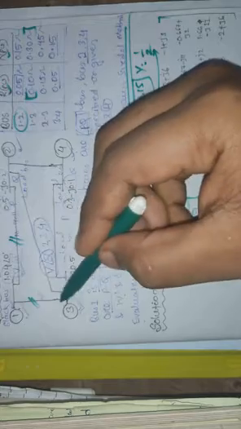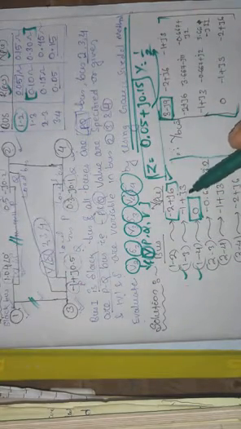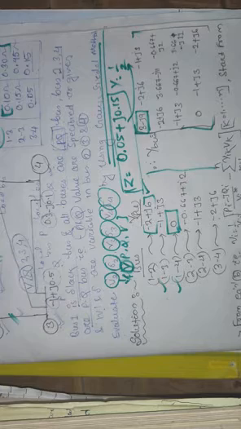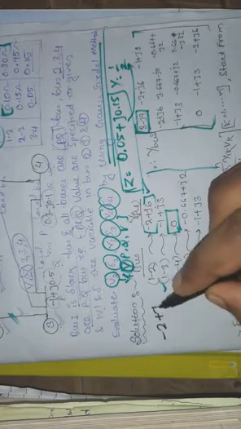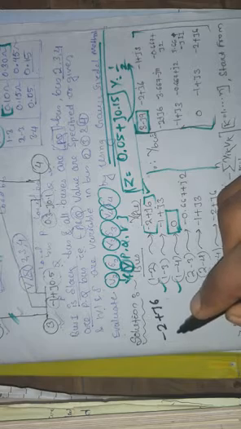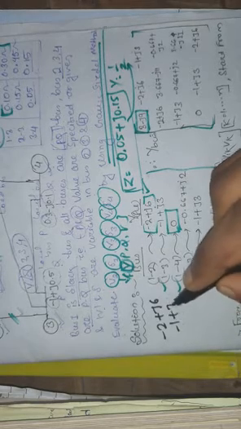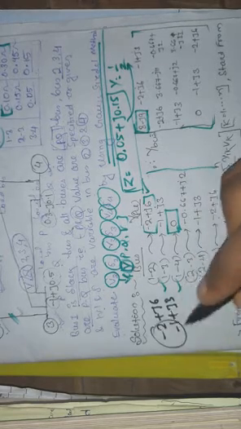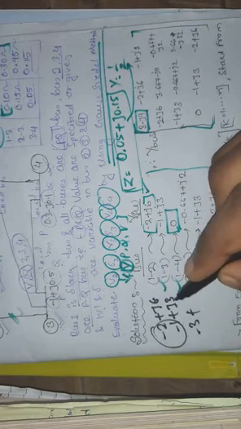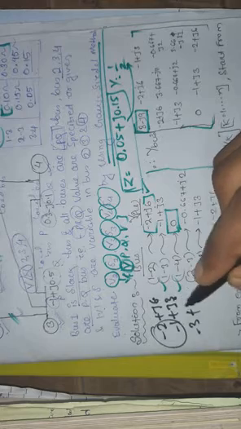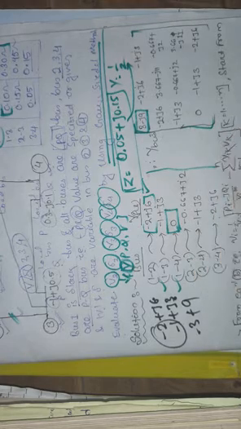Then add bus number 1 to 3. So what is the bus number 1 to 3 admittance? -1 plus j3. So here, see, -2 plus j6 and -1 plus j3, so that is -3 plus j6 plus j3, that is j9.